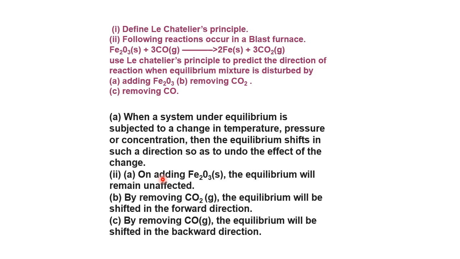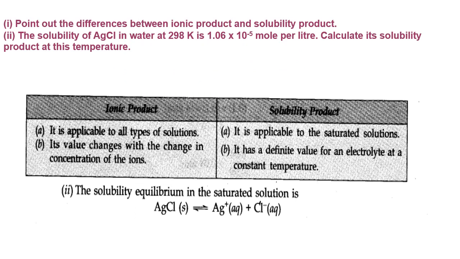This I told on many occasions during our sessions. So this will not change the equilibrium of the reaction. Therefore, it is unaffected. Removing CO2, gaseous state: when CO2 is removed, the forward direction. When CO is removed, the backward, reverse direction. Okay, right. All these are a kind of revision for you.